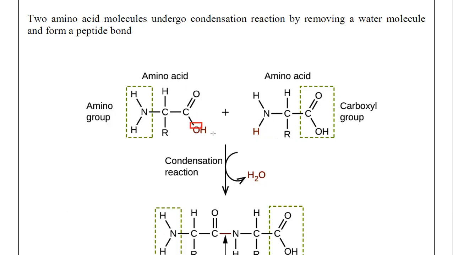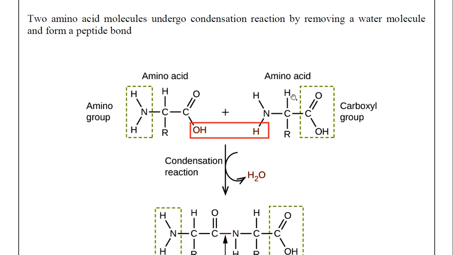The carboxyl group donates an OH. The amino group donates an H. Together they will form a water molecule. Then between carbon and nitrogen, the peptide bond will be created.